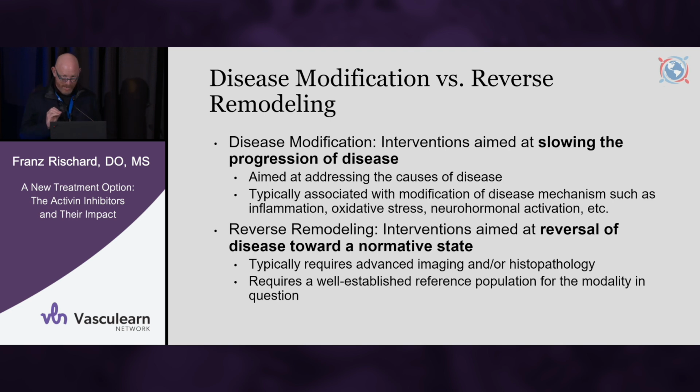What is reverse remodeling? Well, reverse remodeling means that the heart itself or the vasculature has reversed its course from an adaptive to a maladaptive to becoming adaptive and towards normal.